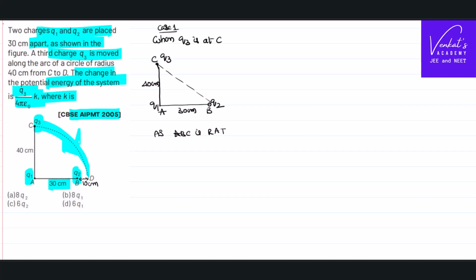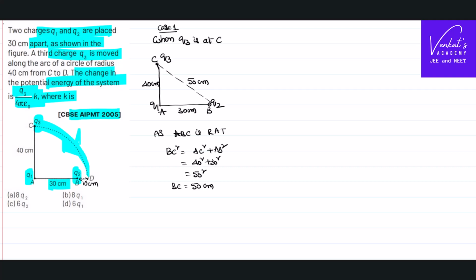I can write BC square equal to AC square plus AB square, Pythagoras theorem, that is 40 square plus 30 square, that is 50 square. So, BC equal to 50 centimeters. So, I got this BC as 50 centimeters.